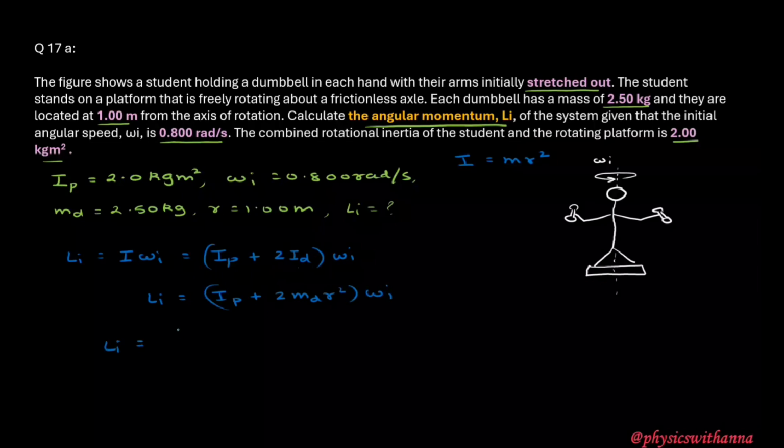So Li becomes equal to, let's substitute the values: Ip is 2, plus 2 times the mass of the dumbbell, 2.50, their distance from the axis of rotation is 1 squared, omega initial is 0.8. And when you solve this, you get the initial angular momentum to be equal to 5.6 kg meters squared per second.